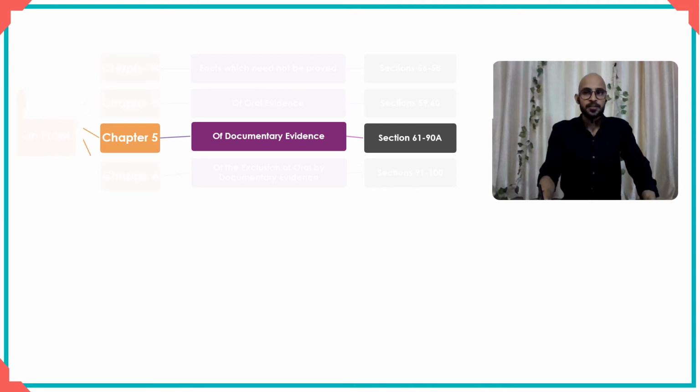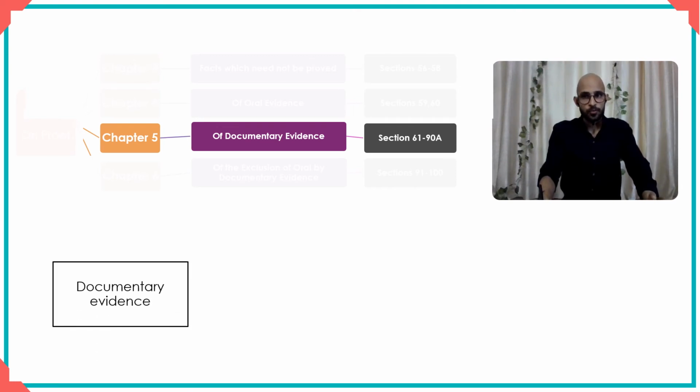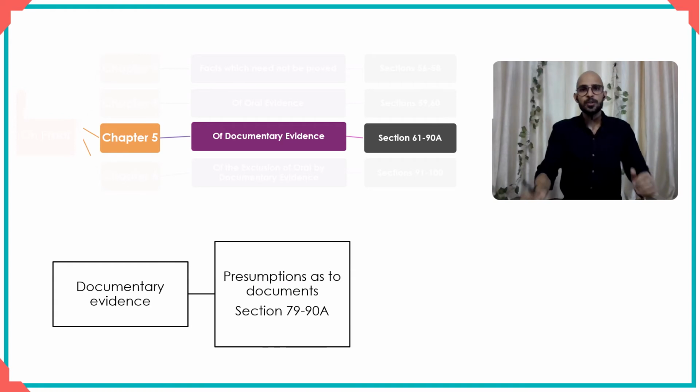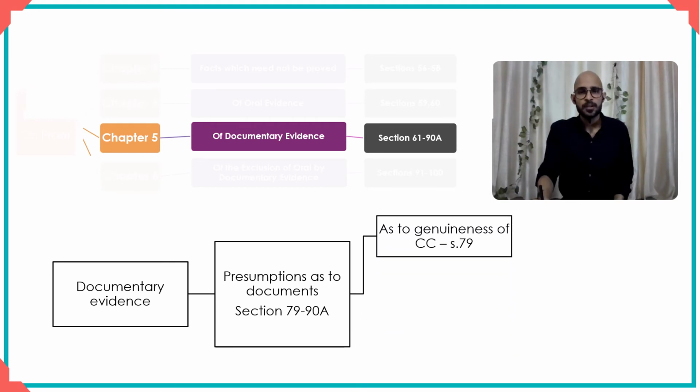So now we look at the remainder of the provisions, right, of documentary evidence. So when we look at sections 79 to 90A, they basically deal with some presumptions relating to the documents, right? Now, it's not important for you to know them. You can go and see them whenever required, but I'll just give you a few examples. For example, section 79 contains a presumption as to the genuineness of a certified copy, right?